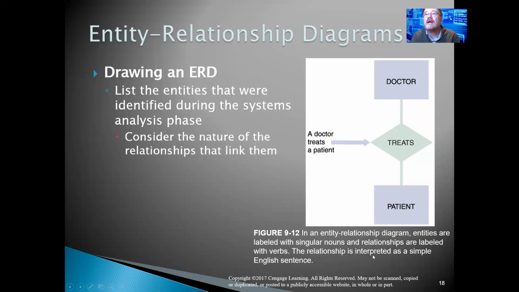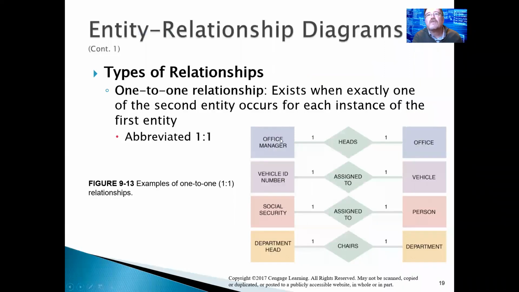So here we've got our entity, and our entity treats. So the doctor treats patients. Patients are treated by doctors. It's a way to get the English part of your model together. And so here, an office manager heads an office. One office is headed by one manager. And you can read the rest yourself.